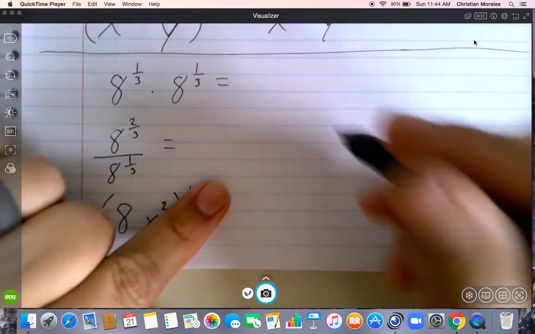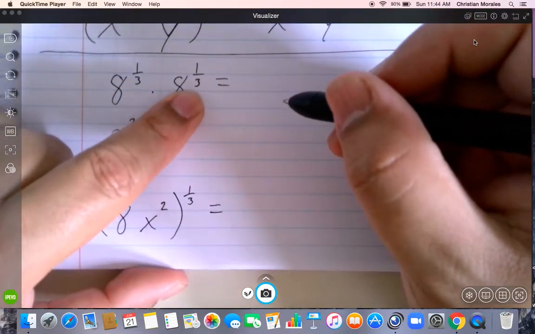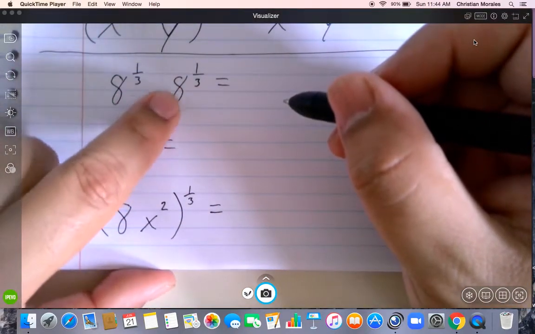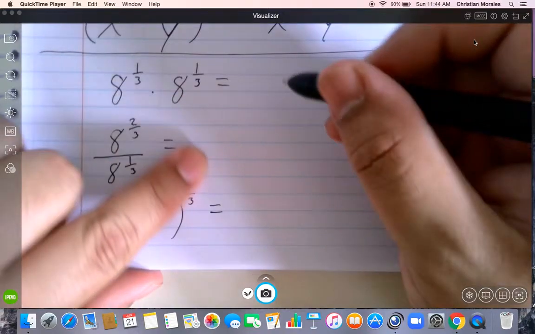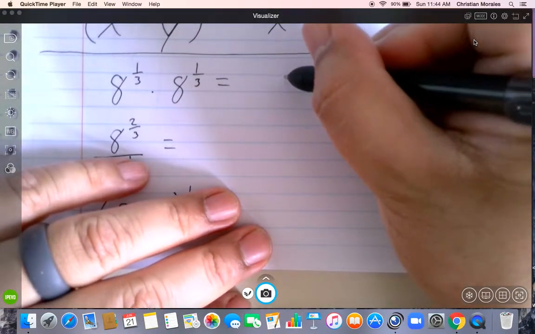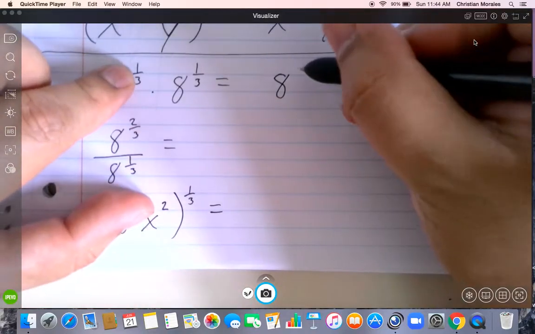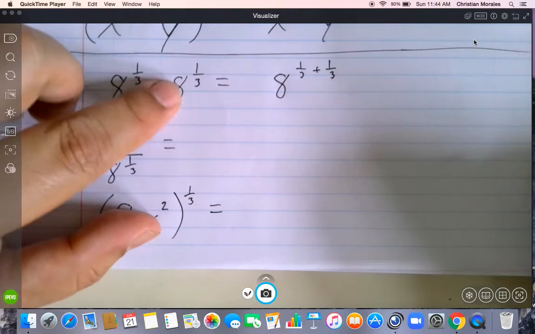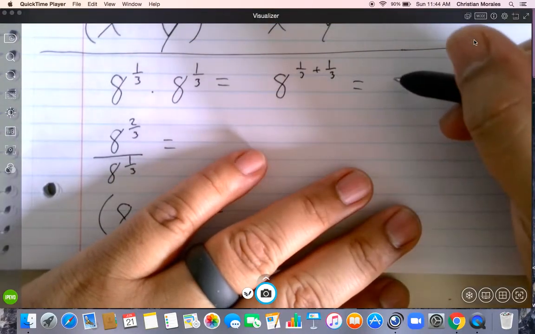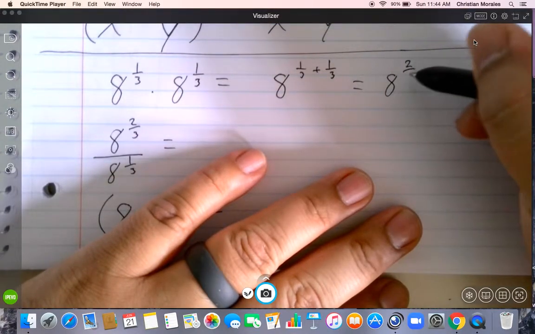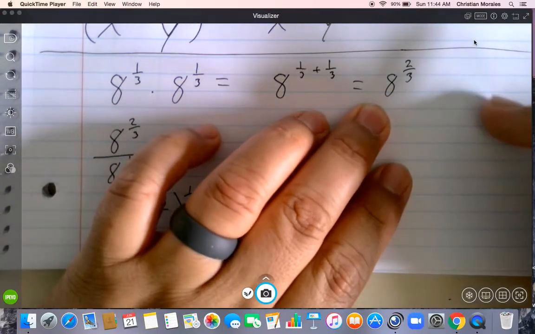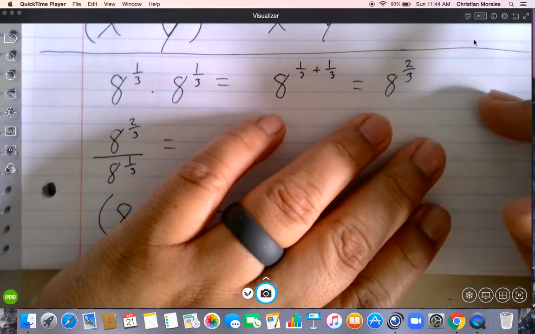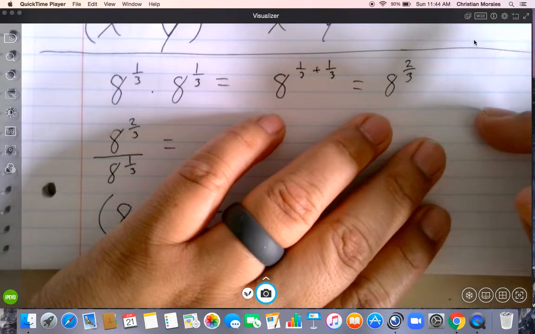So here, if we do 8 to the 1/3 times 8 to the 1/3. Well, they have the same base. So what we do is we write that base and we take the 1/3 and the 1/3 and we add them up. If you add it up, you get 8 to the 2/3. Okay, now this is where you have a choice. You can take the root or you can square it first.